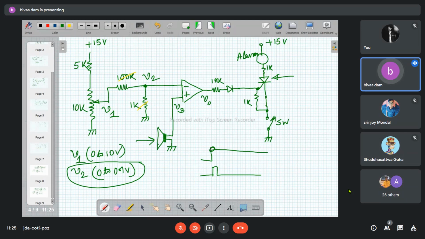So whether the gate current pulse or gate input voltage is of this nature or this nature does not matter. Once it is given the gate current for a very brief moment, that brief moment must be sufficient for it to turn on. If that is there, it will be turned on. And once it is turned on, there is no effect of the gate, no control of the gate.